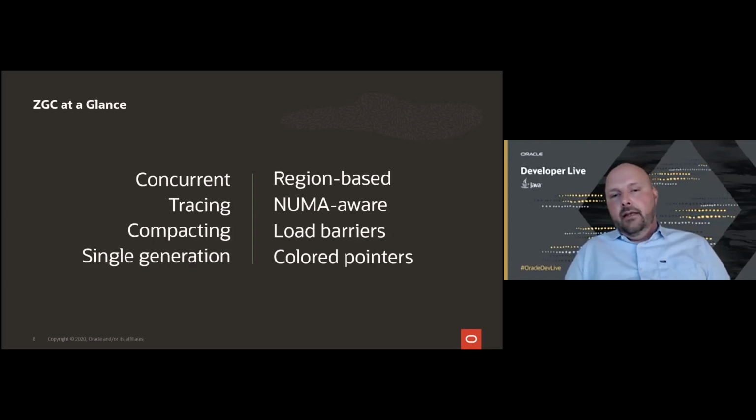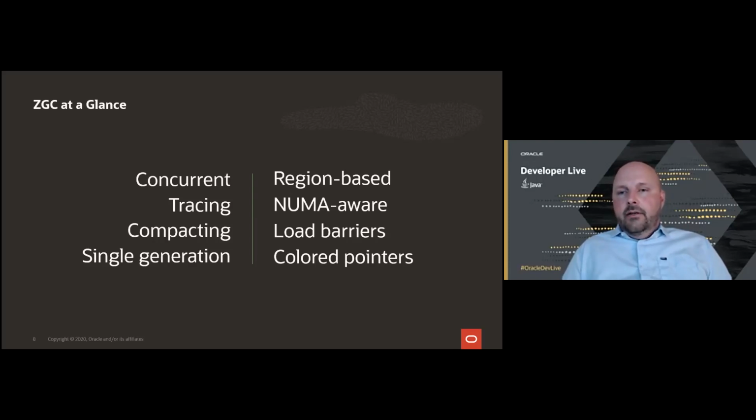It's compacting, so it will be moving objects around on the heap to fight fragmentation. And today it's a single generation GC, so it does not have a young and an old generation. It's region-based, which means that the heap will be divided into many smaller regions, and the GC will choose to focus its compaction efforts onto a subset of those regions, typically those that contain the most garbage.